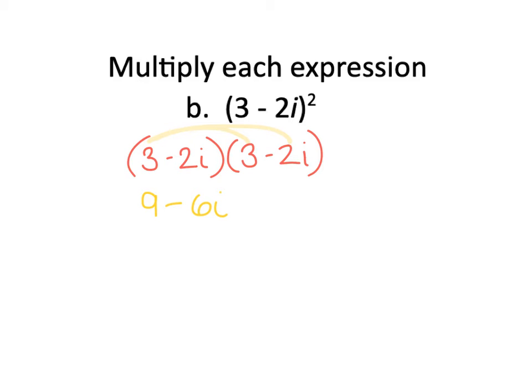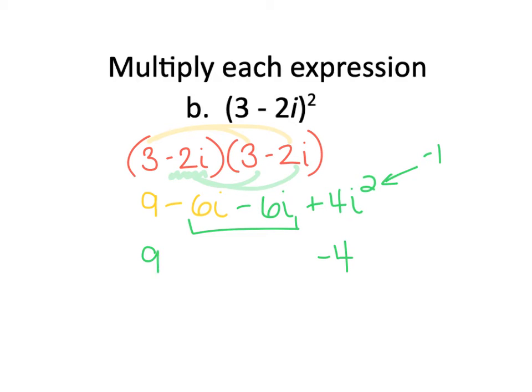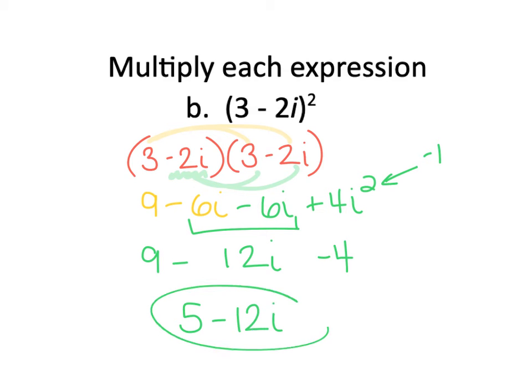And then you're going to take this negative 2i times each term in the second, which would give me negative 6i plus 4i squared. Again, i squared is the same as negative 1, which would cause this last term to flip to negative 4. I have two like terms in the middle to make that minus 12i. Combine my real parts to get 5 minus 12i as my final complex number.